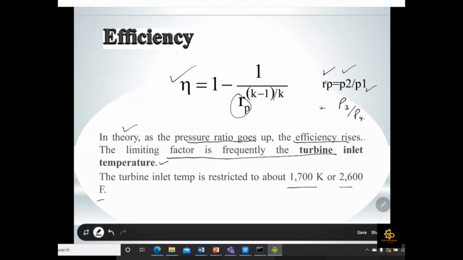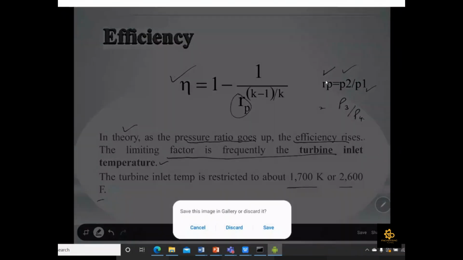Now we will see how to develop the efficiency equation. Okay, so I will just quickly draw the PV diagram so that you can easily follow.